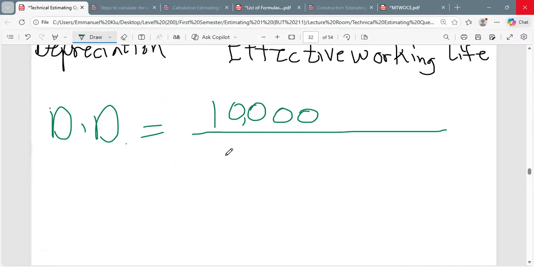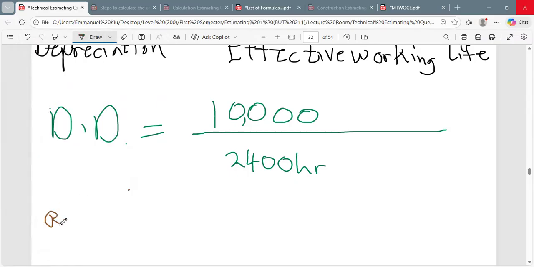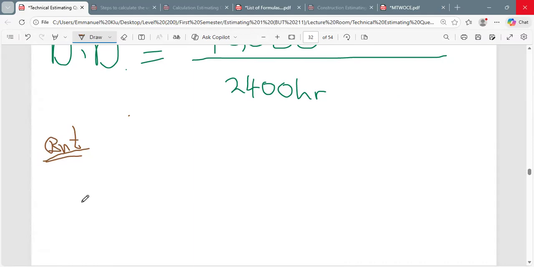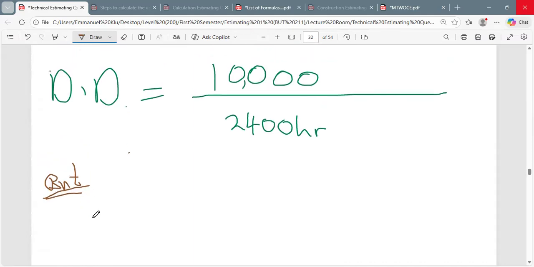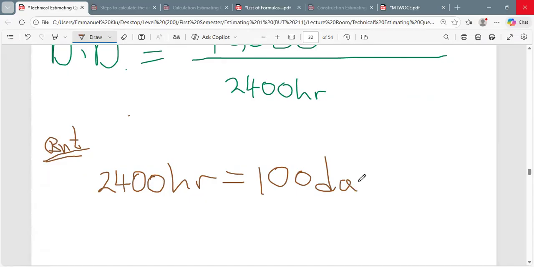And that is 2,400 hours. But what is happening? 2,400 hours is equal to 100 days.